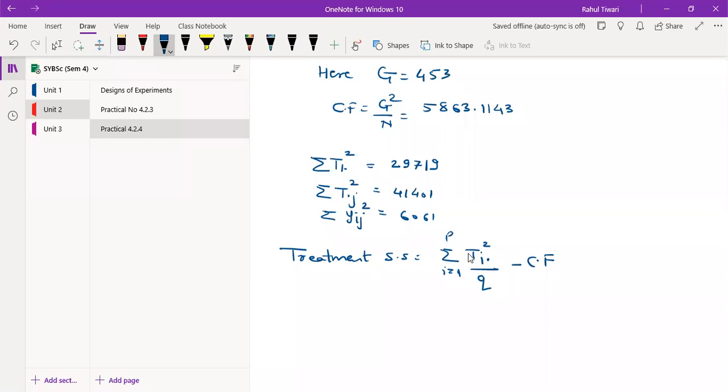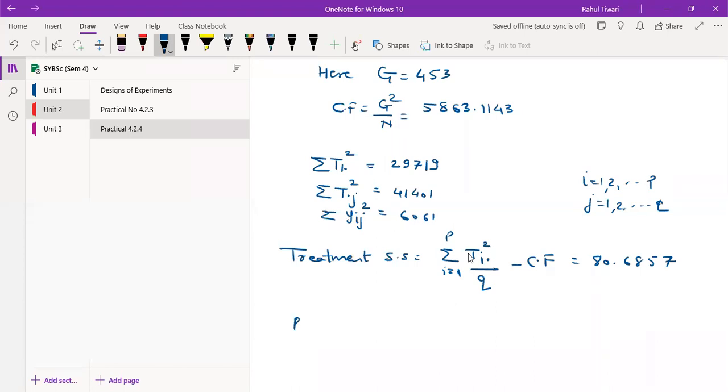So I is running from 1 to p, j is running from 1 to q. If it is second dot, that means you have to divide by q. So when you calculate this answer, this would be 80.6857. It is very simple. With the data you have, 29719 divided by 5 minus 5863.1143. When you subtract, you'll get this.